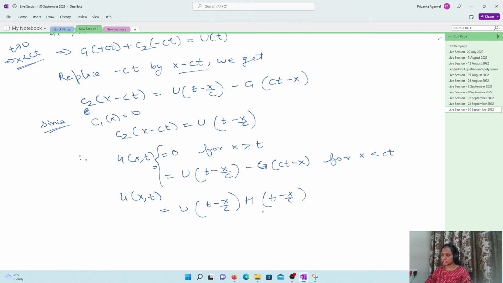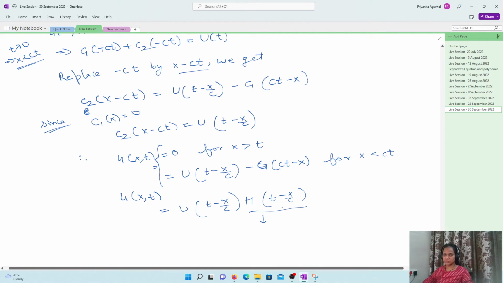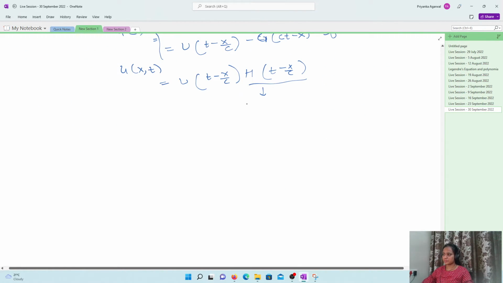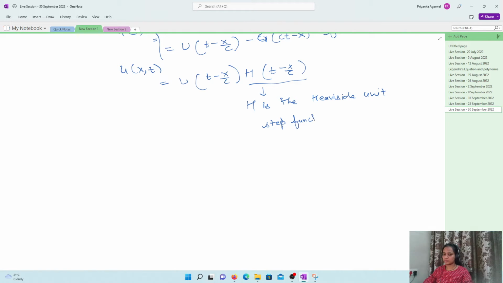So here this H is the Heaviside unit step function.